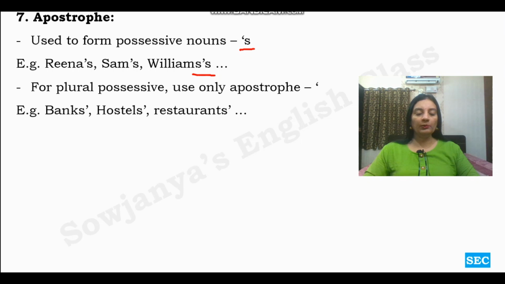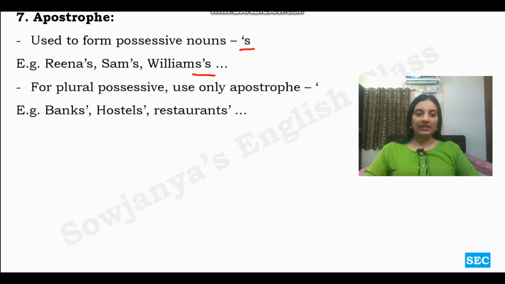See, these are all plural nouns already. Banks is a plural noun. After that, we are using apostrophe. It means that it is the bank's responsibility, the responsibility of each and every bank, we mean to say. Okay. So whenever we use plural nouns ending in S, we use only apostrophe without S.